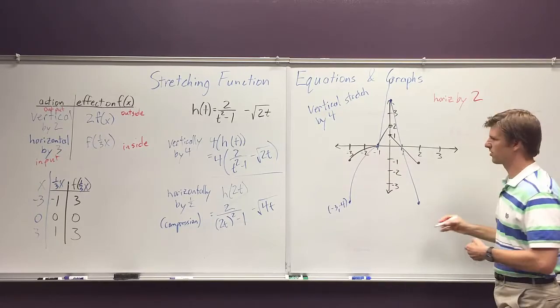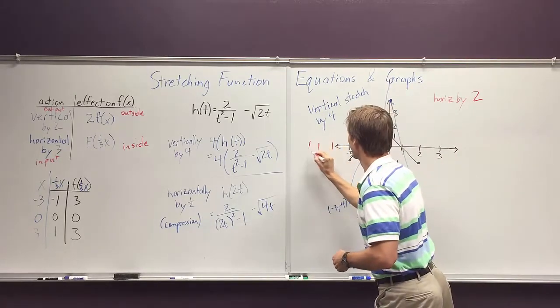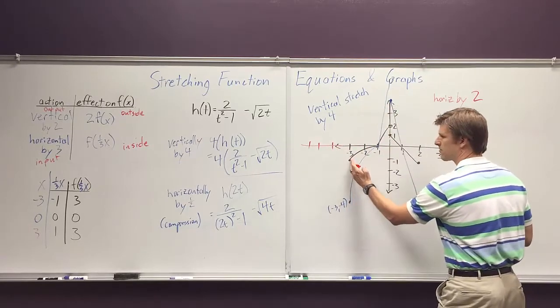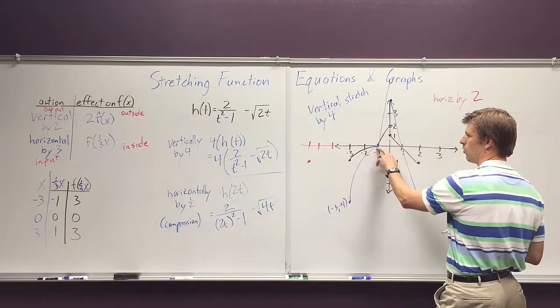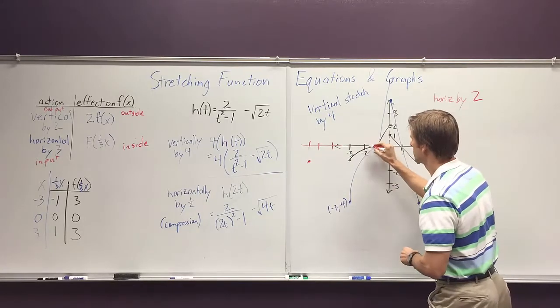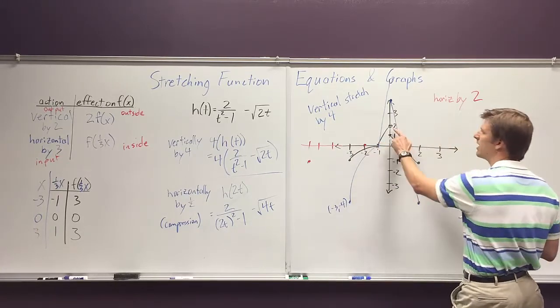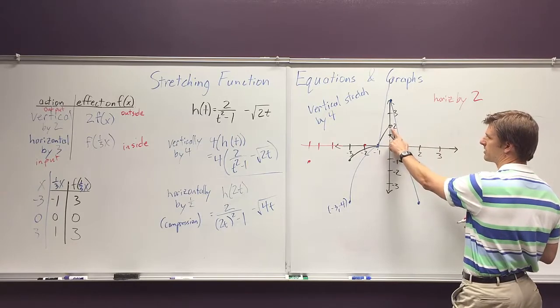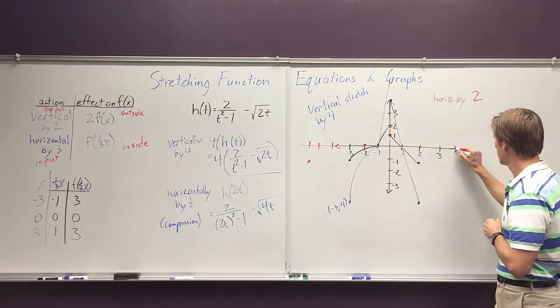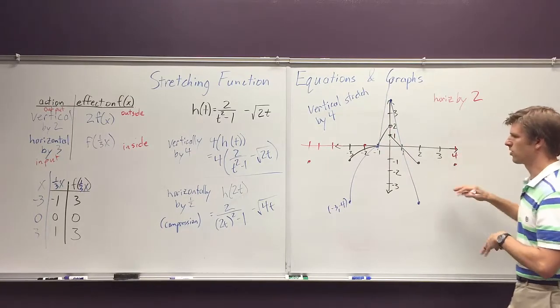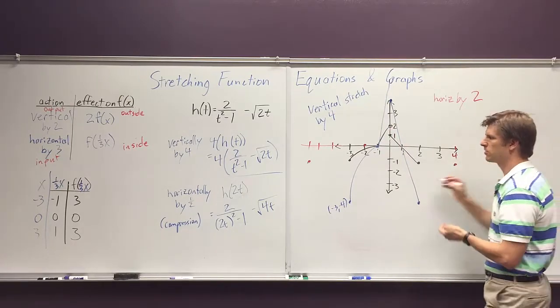Let's go 2, just so I don't have to go so far out. Here's -3. This will come out to -6. This is at -1, so it'll come out to -2. The x coordinate is at 0, so those will be unchanged. Here the x coordinate is 2, so it'll be out here at 4. So notice the outputs haven't changed, the inputs have though.